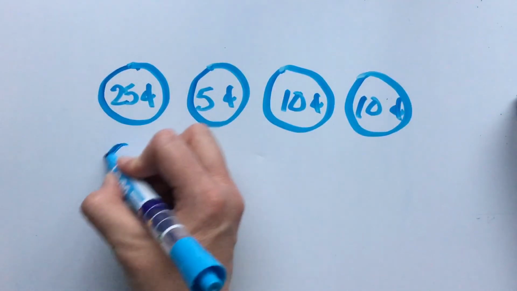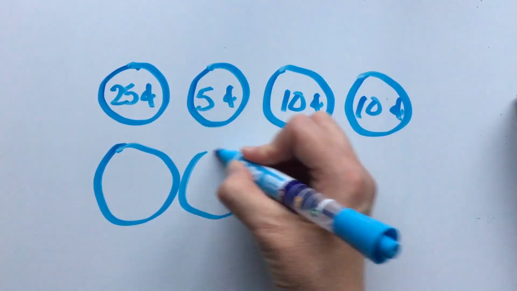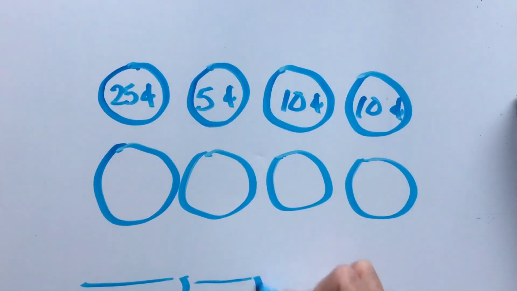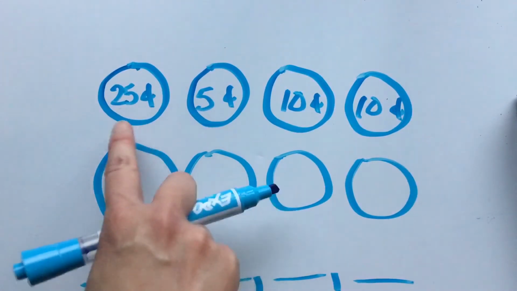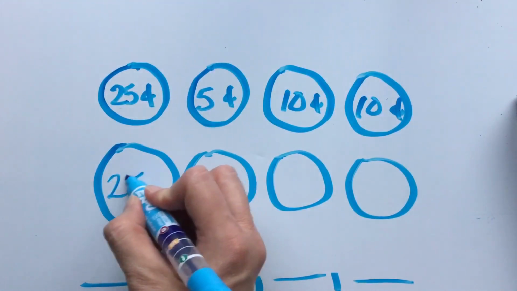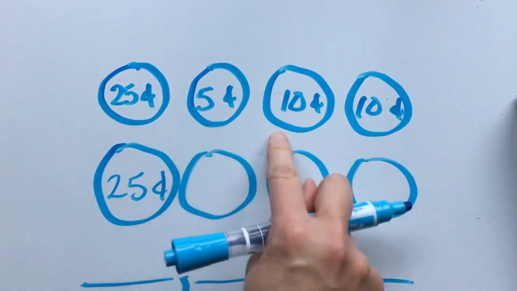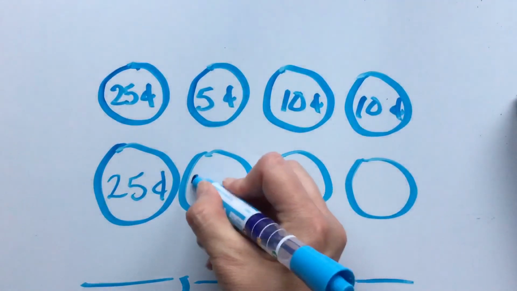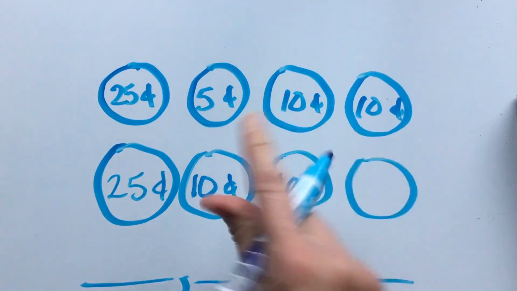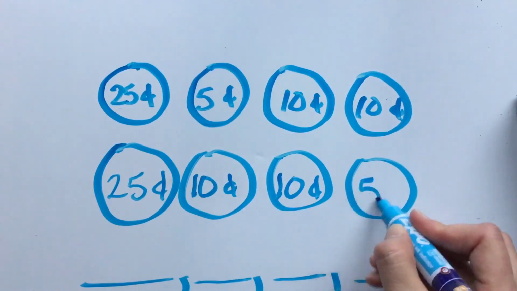Okay, my first job is going to be to put these coins in order. So it's going to look like this. All right, so now I put it in order. What's my highest value coin? Well, it's the one they actually put first, 25 cents. What's my next highest value? The 10 cent. I have 2 of them, so I'm going to write them both down. My lowest value coin is 5 cents.